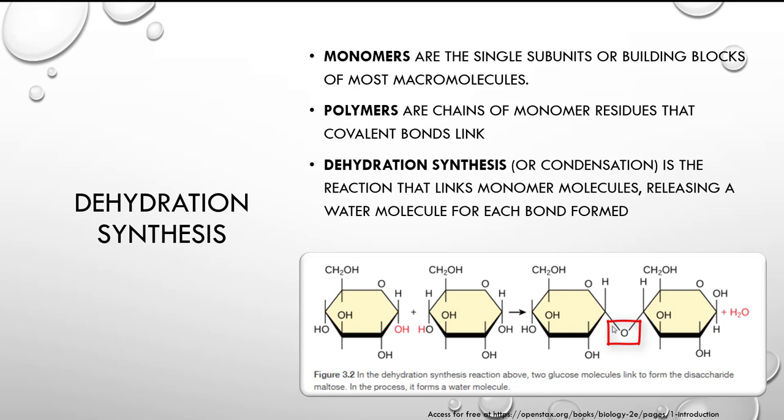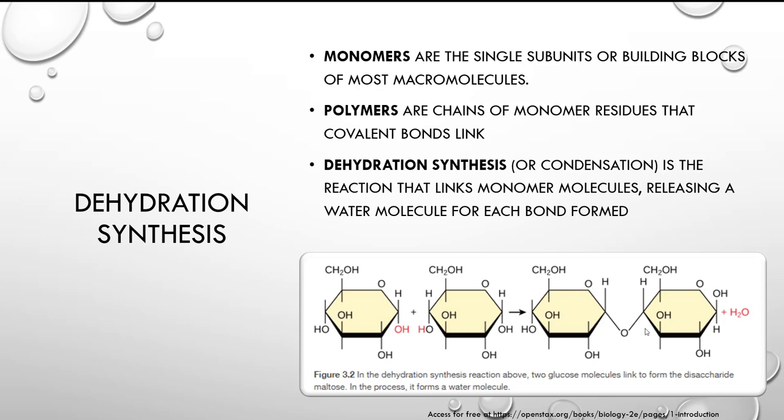All right, so that is our maltose being formed through a dehydration synthesis reaction. The 2 glucose are brought together by removing water to form a maltose, okay? And then they're linked together through a covalent bond. So it's a strong bond that is linking them together.